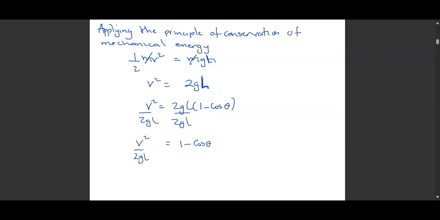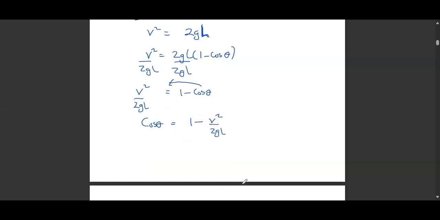Now, this cos theta is going to go the other side, and this is going to come this side here. So we shall come up with cos theta is going to equal to 1 minus v squared divided by 2gl. If you make theta the subject by taking arc cos, our theta is going to equal to arc cos of 1 minus v squared divided by 2gl. And I think this is the expression they want us to come up with.